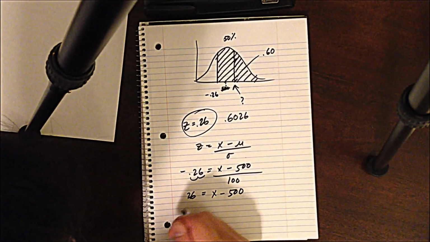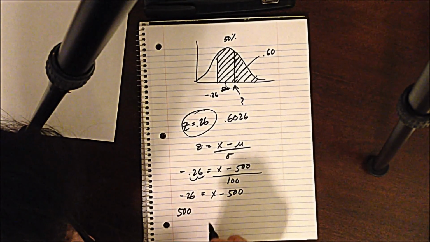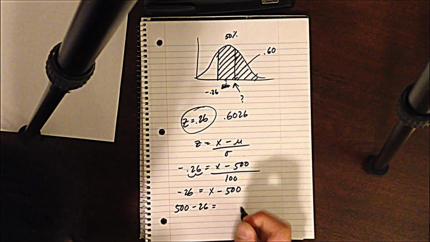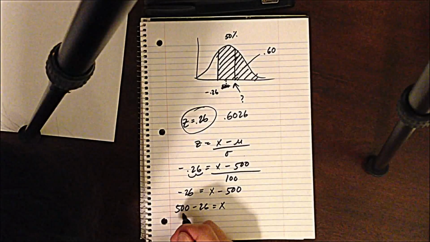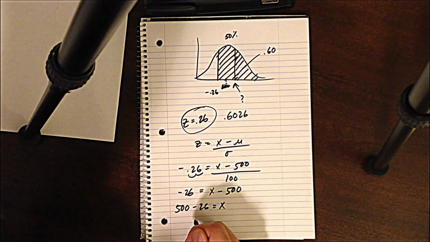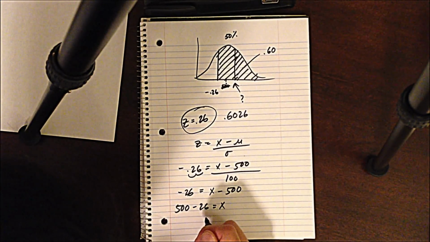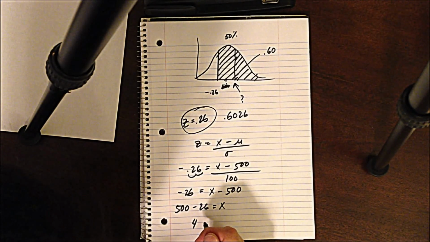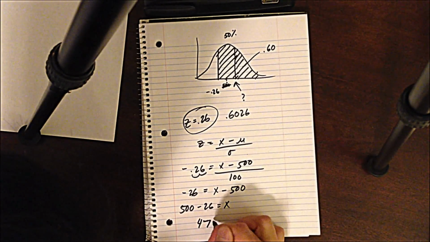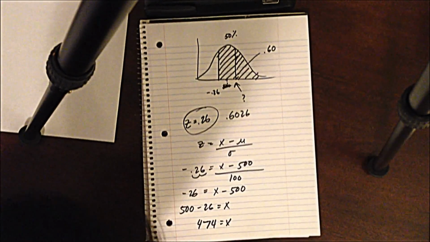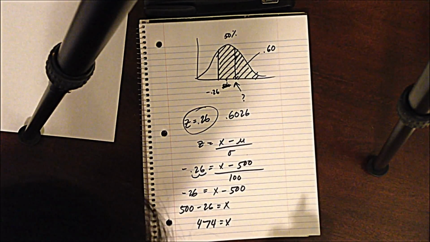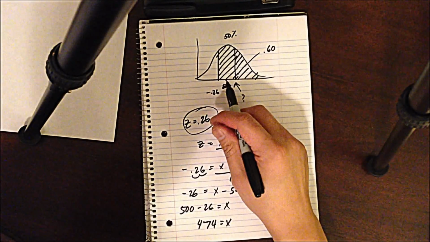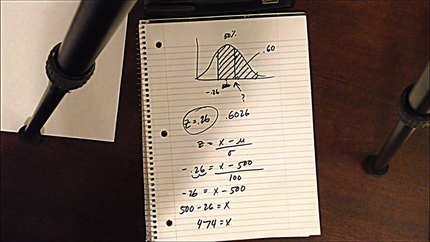We add 500 to both sides, so 500 minus 26 equals x. So 500 minus 26 is 474. That's x. So I have to get a score of 474 in order to get into the school, which is not too bad. So I can get a little bit below average and still be accepted in this school.